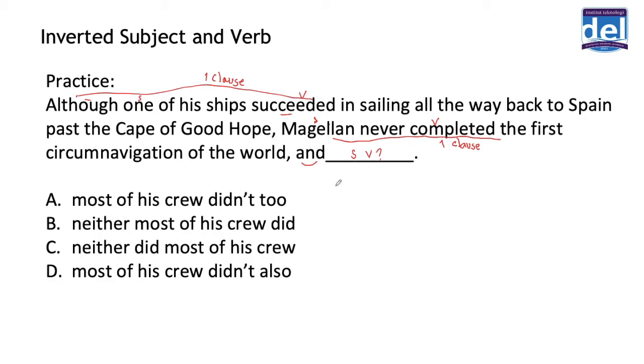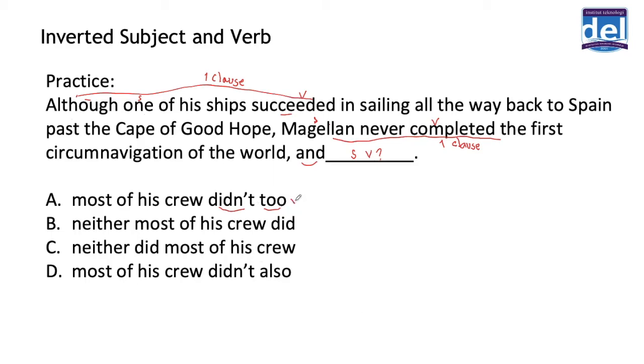Now let's review A until D. Option A has subject and verb, but it is not correct grammatically because it has "didn't," but it uses "to." "To" is for a positive sentence, yeah? If it is "didn't," we need "either." "Most of the crew didn't either." That is correct.